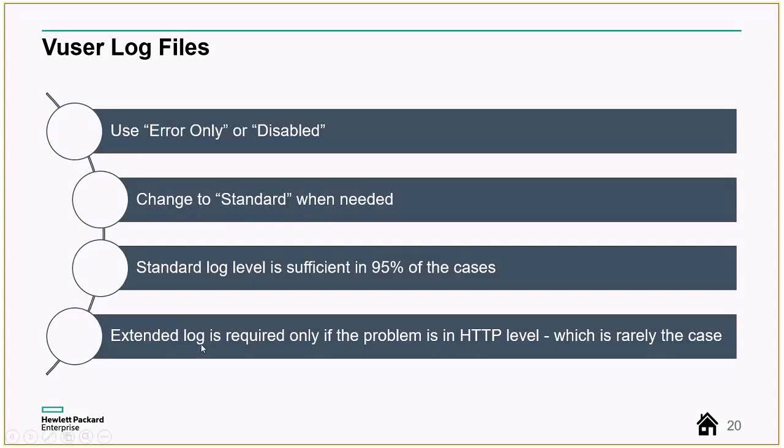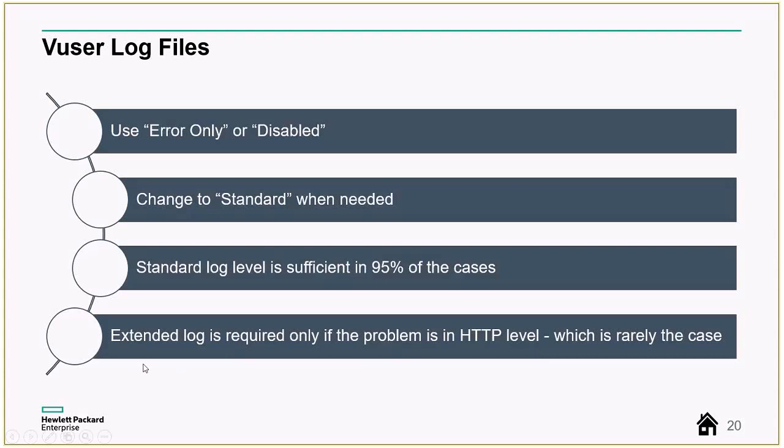Extended log is very efficient only when there is a problem at the HTTP level. It is rarely the case when it comes to TruClient. TruClient is agnostic to the HTTP level. The only thing that TruClient is doing at the HTTP level is actually listening to HTTP requests and just recording data points and not actually handling anything with it.